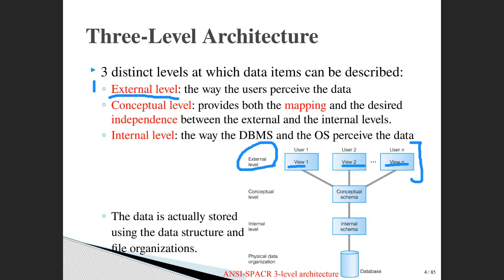So the data will be represented to users in views. In which level? External level. Yes, ID is just a characteristic of the user requirement, something to describe some information about the user. Like user ID, I'm going to have a user ID as well, but it will be different. My ID will be my CPR, as a faculty member, but your ID will be different.